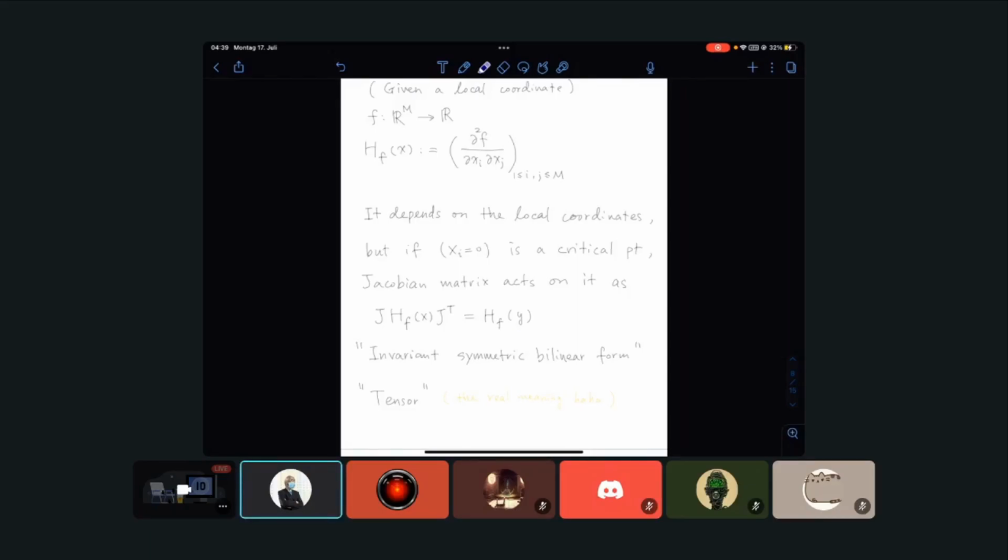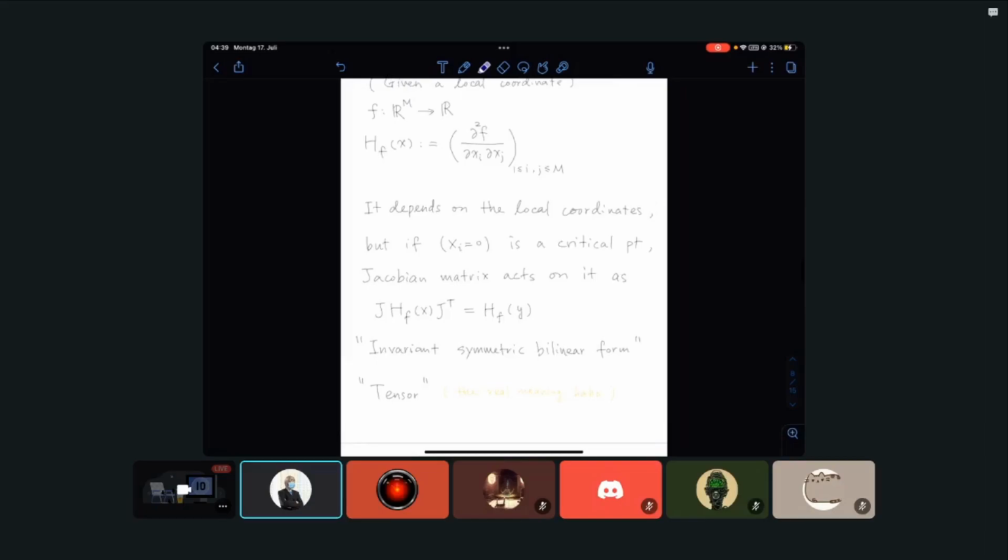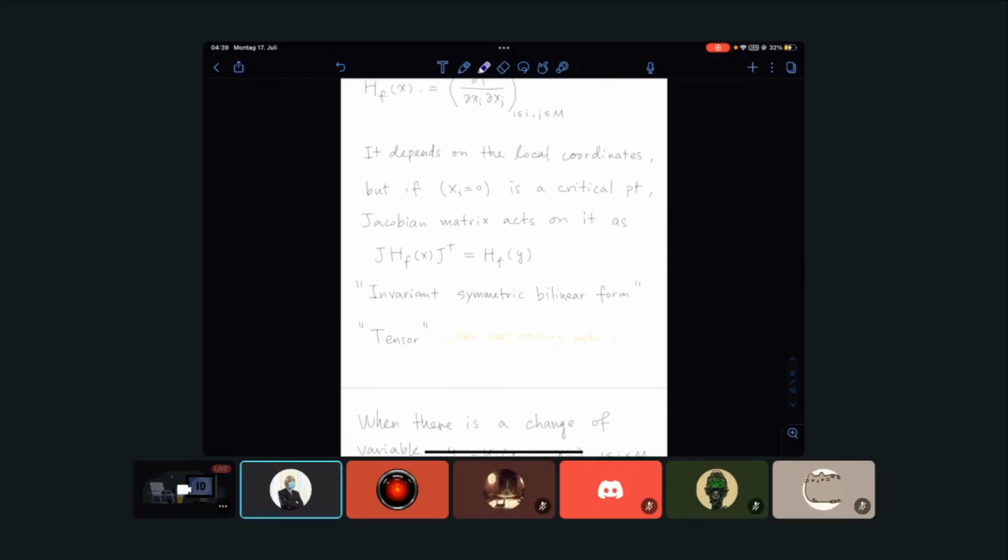So if the point we're looking at is a critical point, the action of change of variable is very simple. It's just represented by this thing. In other words, this is an invariant symmetric bilinear form. And in a fancier word, this is a 2-0 tensor, two covariant.